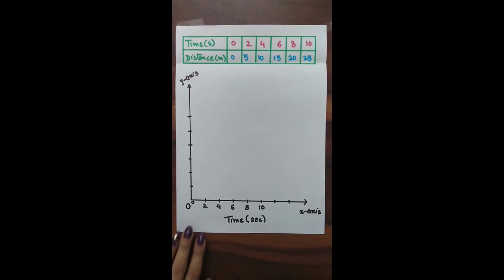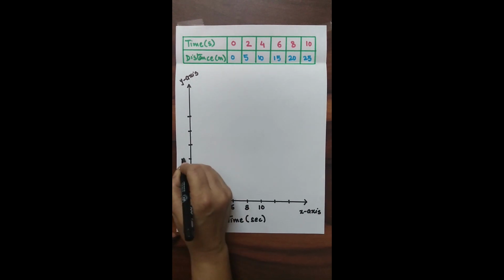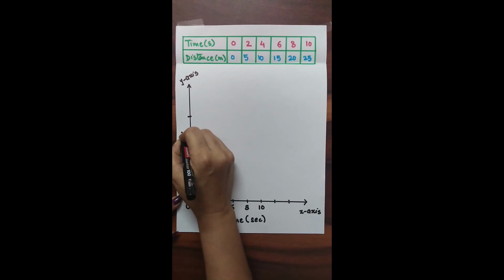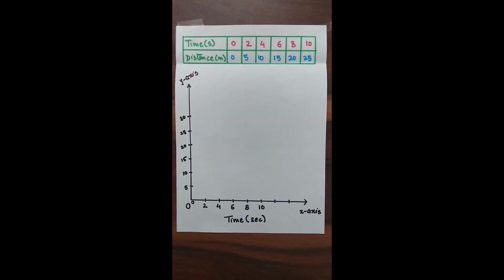In this case 5 is the table. So 5 zeros are 0, 5 ones are 5, 5 twos are 10, 5 threes are 15, 5 fours are 20, 5 fives are 25 and 5 sixes are 30.